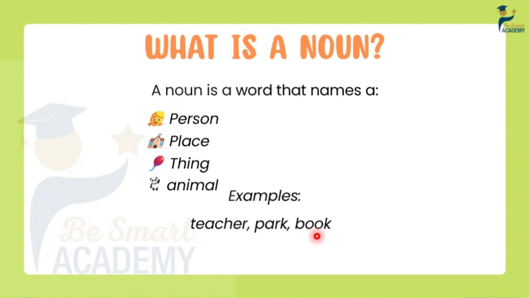Yes. Okay, so what is the reason? Because the word book names a what? Does it name a person, place, thing, or an animal? Yes, it names a thing. Very good. So this is the main reason why we consider certain words as nouns, because they either refer or name a person, animal, place, or thing.